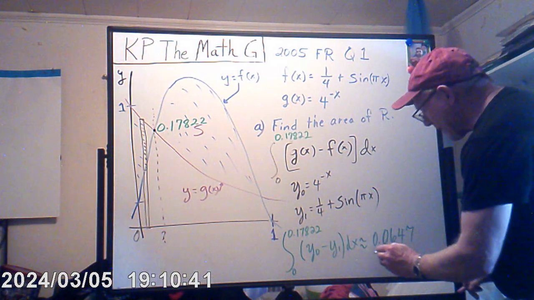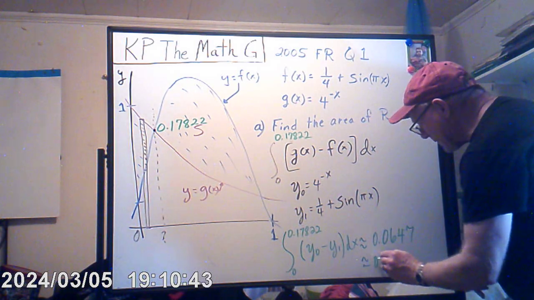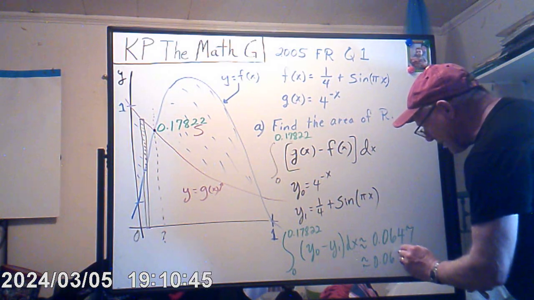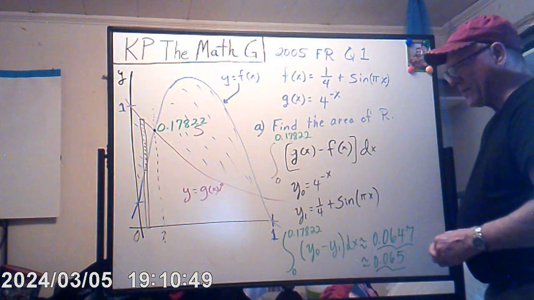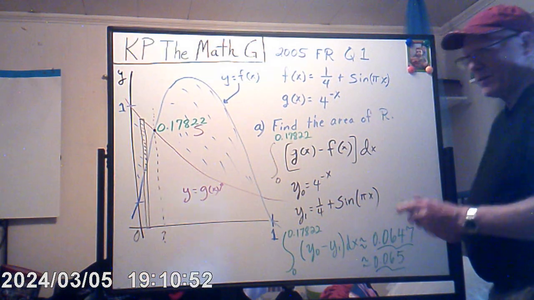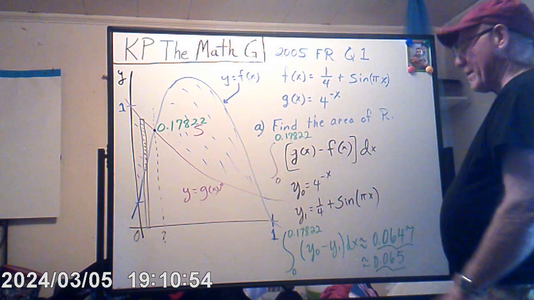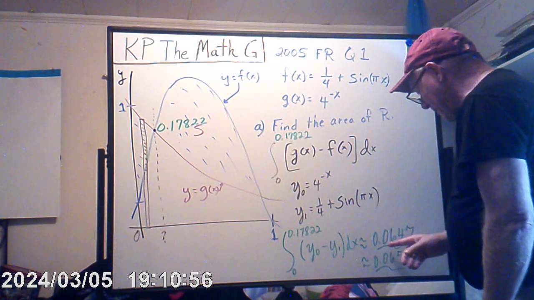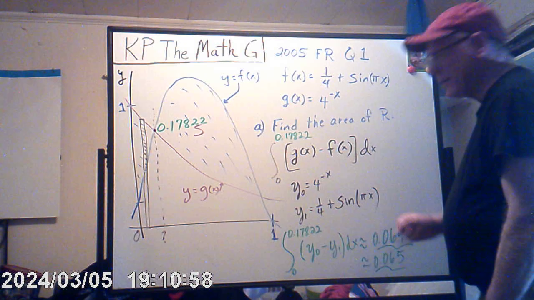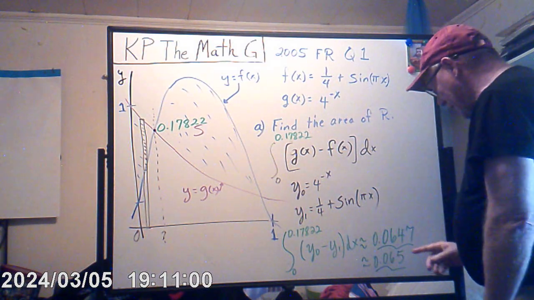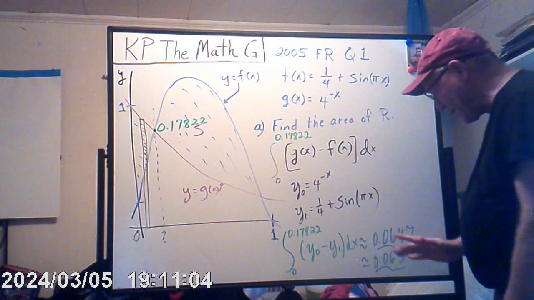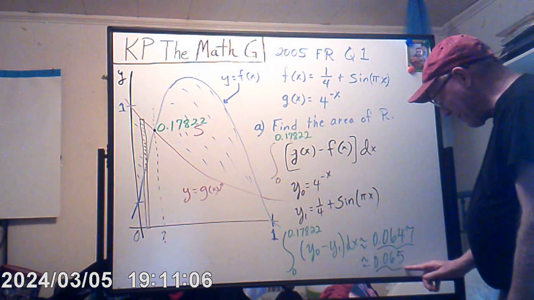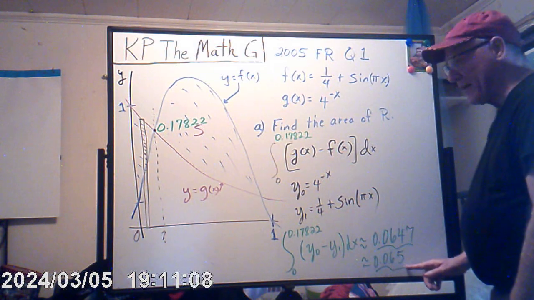Alright, and then that's about equal to 0.065 if you want that. Either one of these two answers will be sufficient. If you're doing the AP class, if you're taking calculus, you're probably going to round up to 0.07. If you're a senior in high school taking the AP exam, you have to go out 3 places.